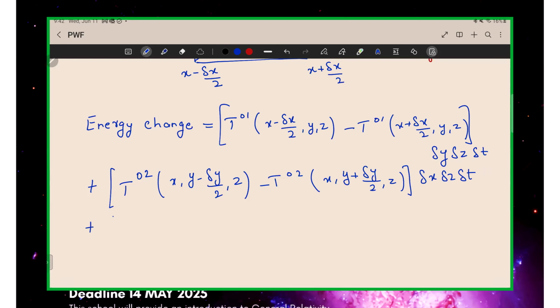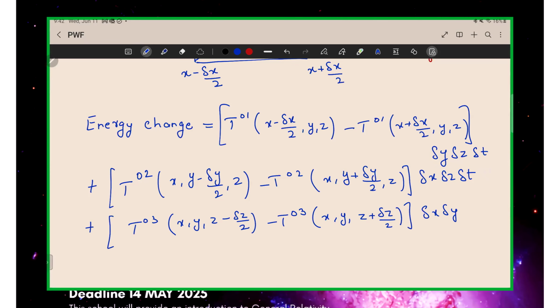And for the z direction, you will have the last contribution. So that's the whole energy change.